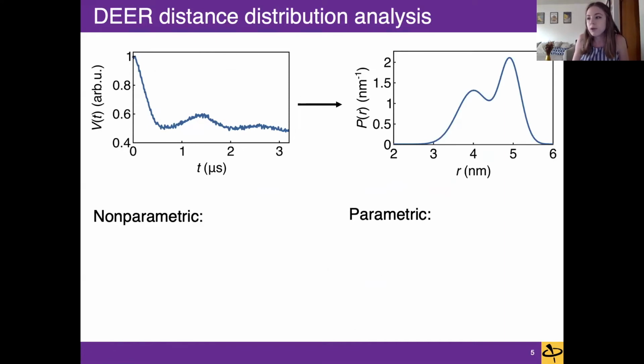But under non-parametric, the primary method, as most of you are probably familiar, is Tikhonov regularization, which is a form of penalized least squares fitting that allows us to capture the misfit between a non-parametric model and the data, as well as penalizing certain unwanted properties of the distance distribution.